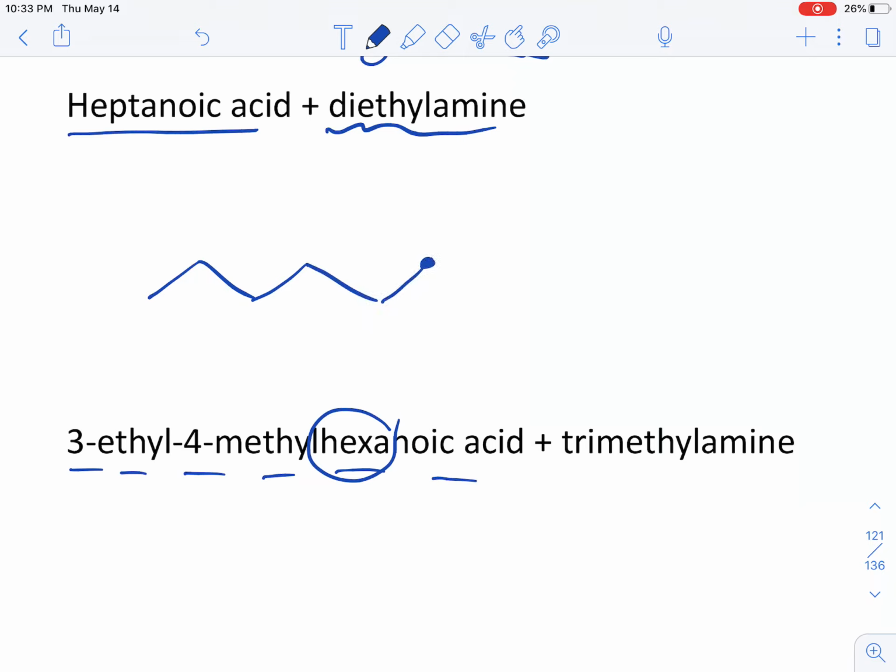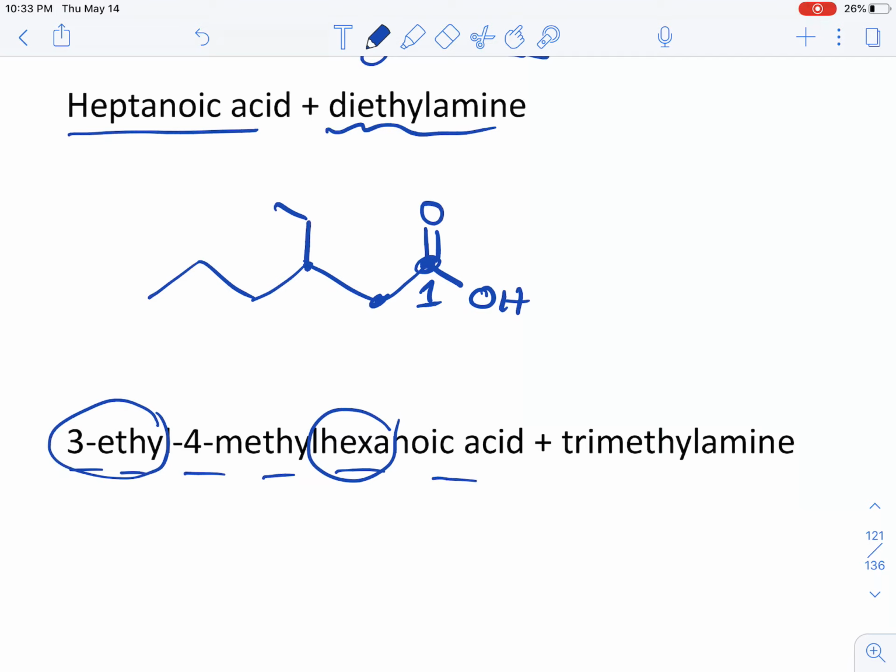Remember that carboxylic acids are always terminal, so I'm going to draw my carboxylic acid, and this carbonyl carbon becomes carbon number 1. Here I have an ethyl on carbon number 3. So 1, 2, 3, and I have an ethyl here.